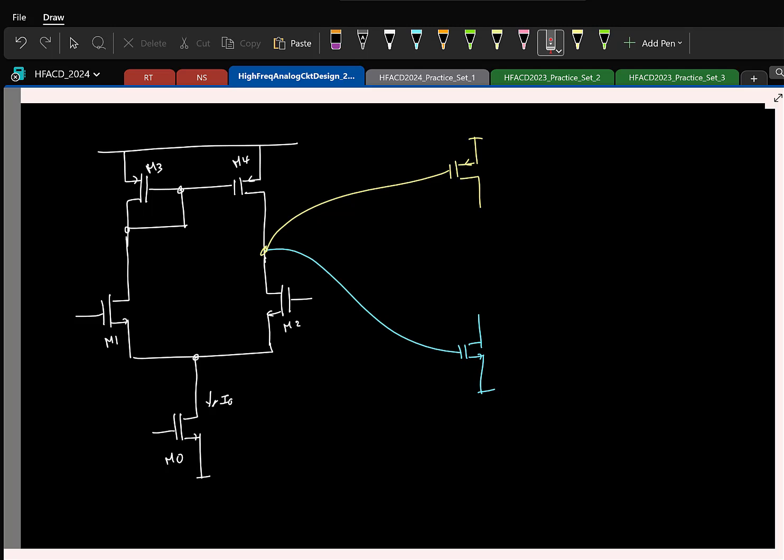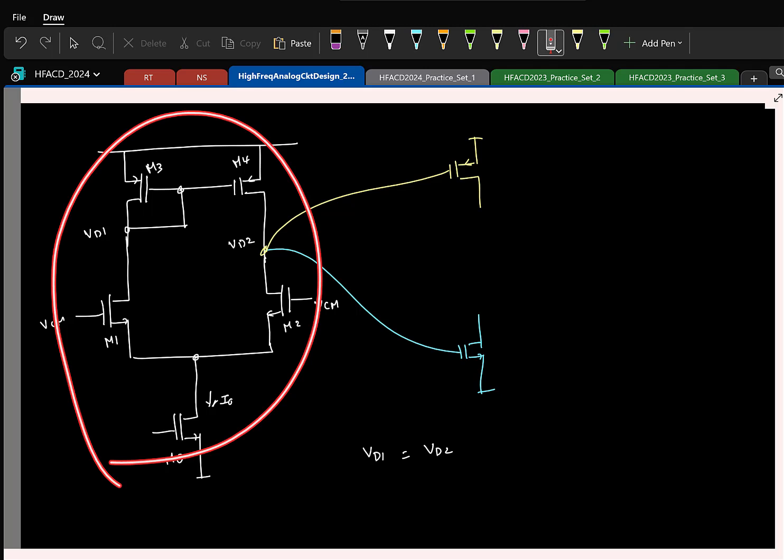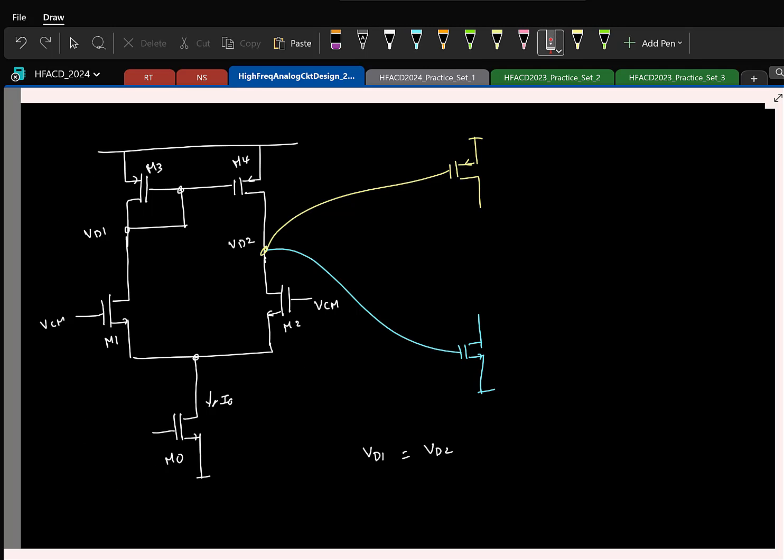So, as you guys pointed out, let us say I apply the same bias voltage here for biasing it. What will be VD1 and VD2? They will be the same. Again, we saw that although this is asymmetrical, if you apply a common mode excitation, it is symmetrical. So VD1 is VD2, and that will be equal to VDD minus VSG3 at a current of I0, right?